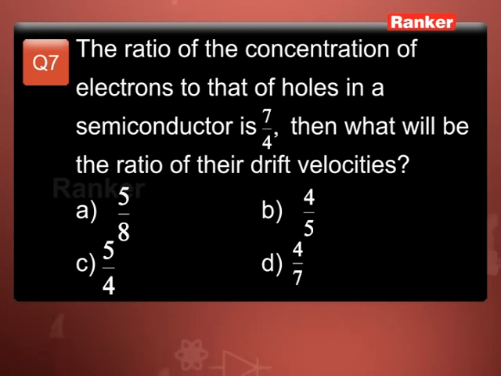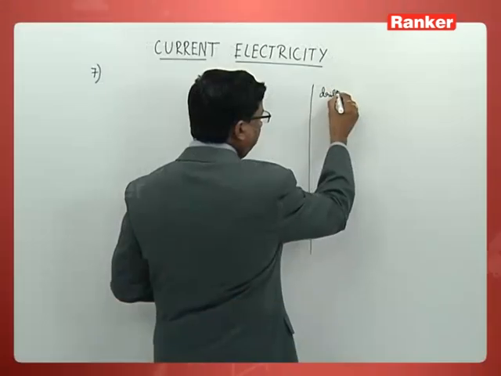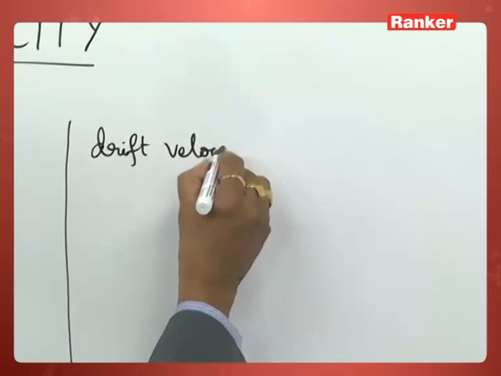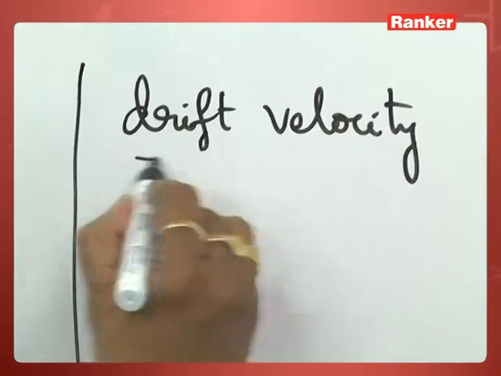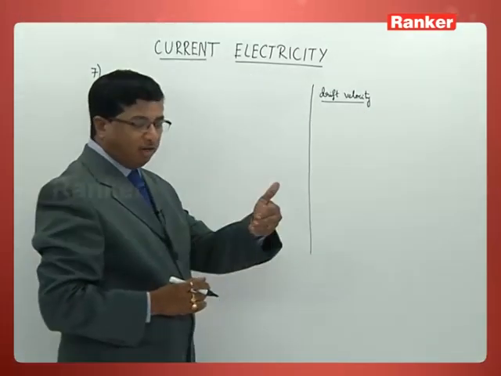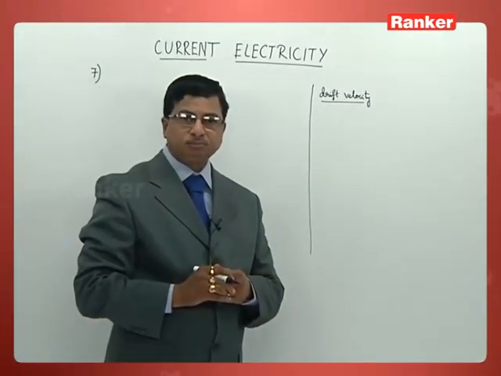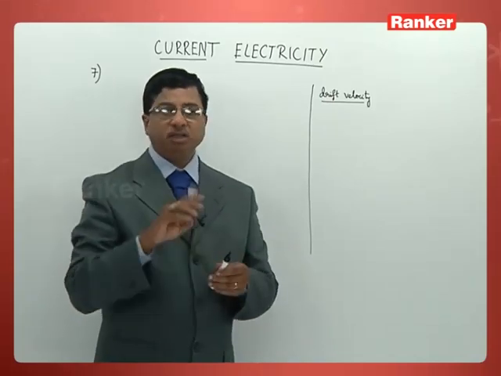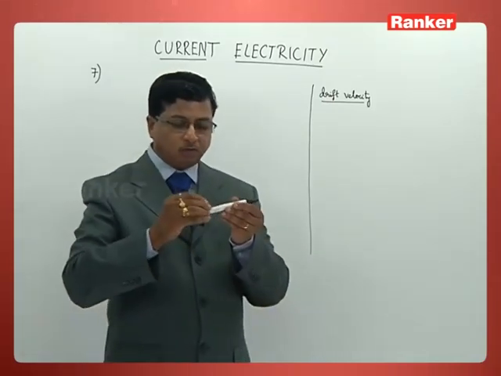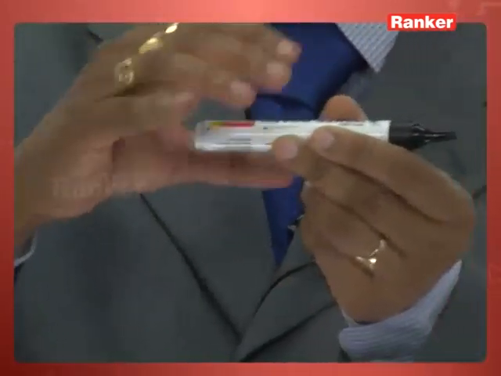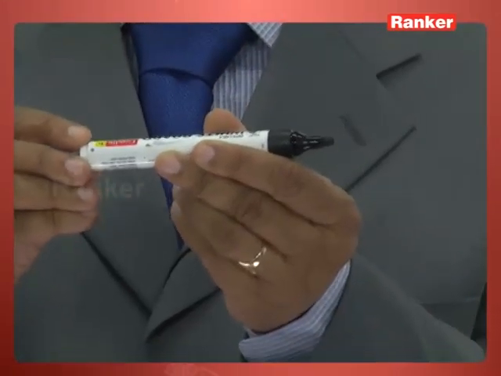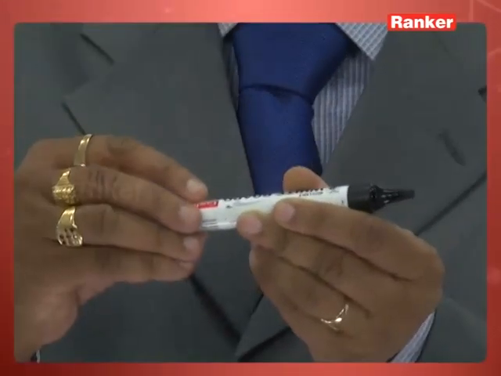So first and foremost, let us first of all discuss what is this concept of drift velocity. Whenever we pass current through a conductor, we all know by basics, current used to flow on the surface of the wire itself. Current will not enter inside.